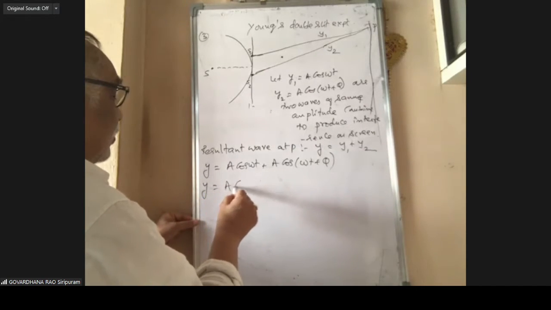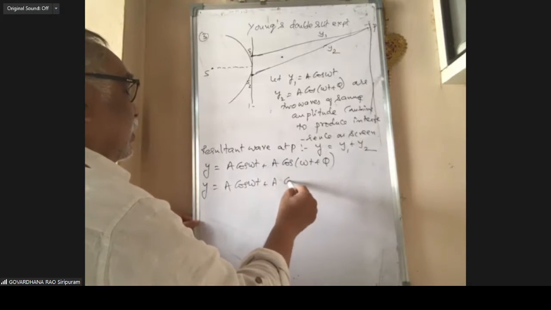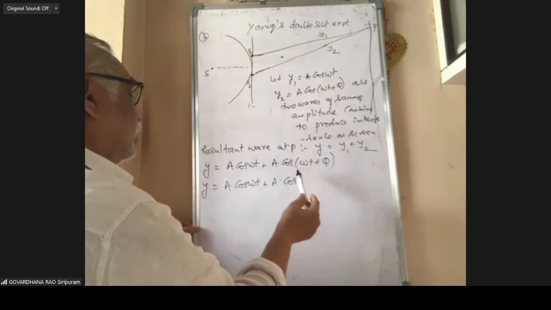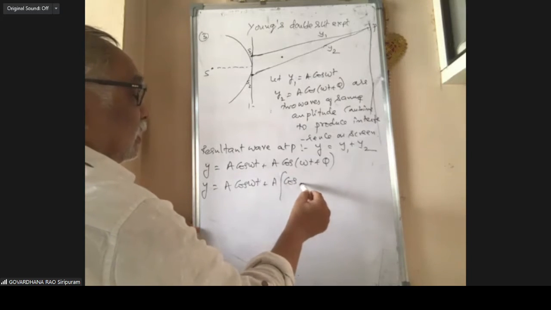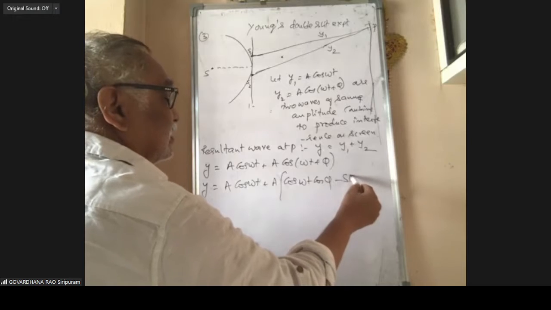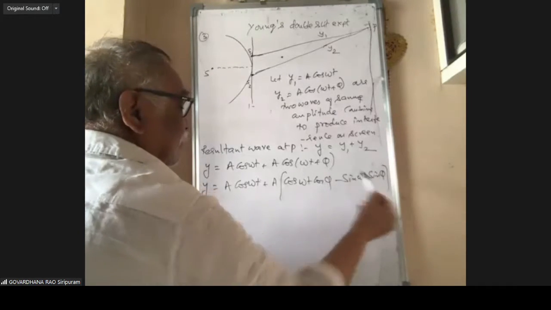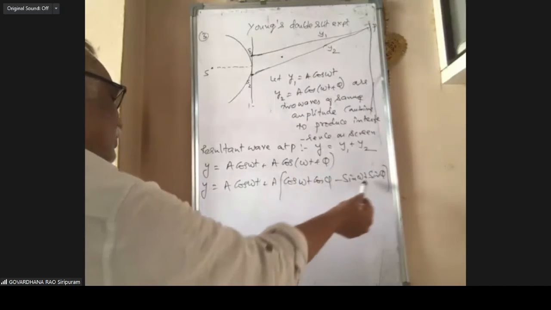So y equals A cos omega t, A cos, this is cos A cos B minus sin A sin B. This is the cos A plus B formula.